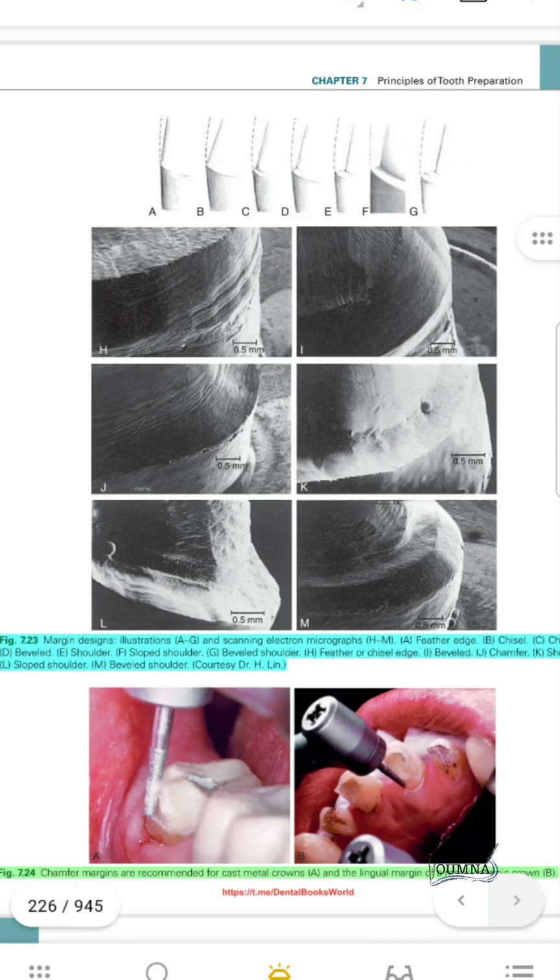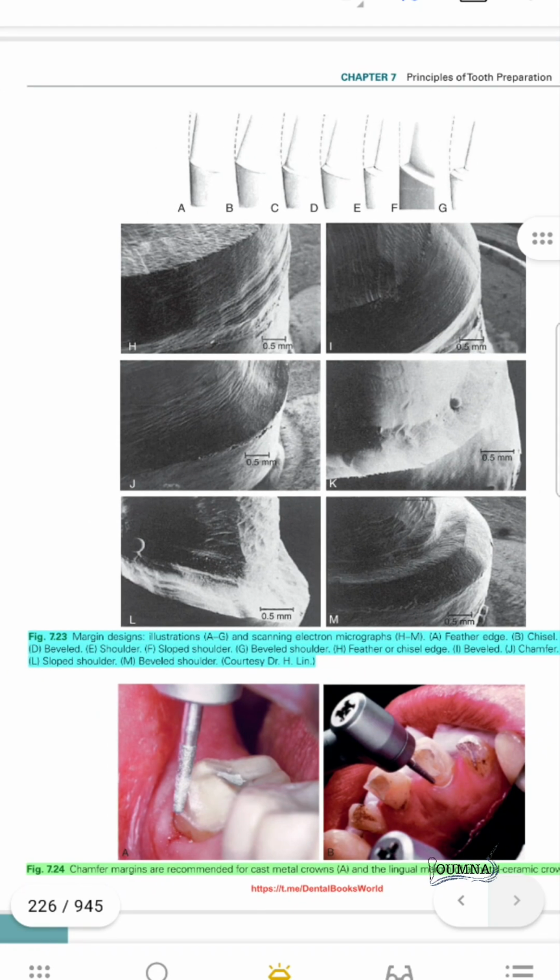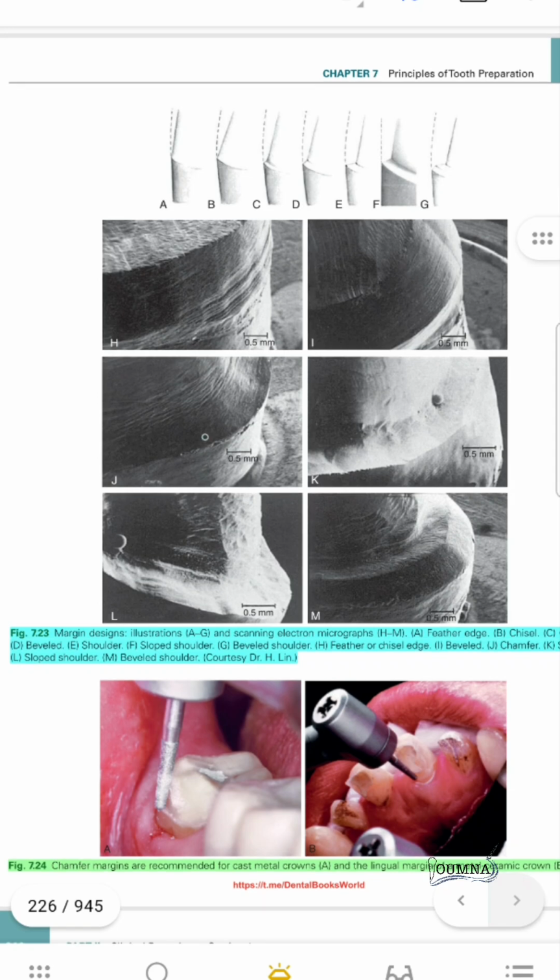Under the microscope, to get a deep understanding, here the H is the feather. We see there is no horizontal shelf here.